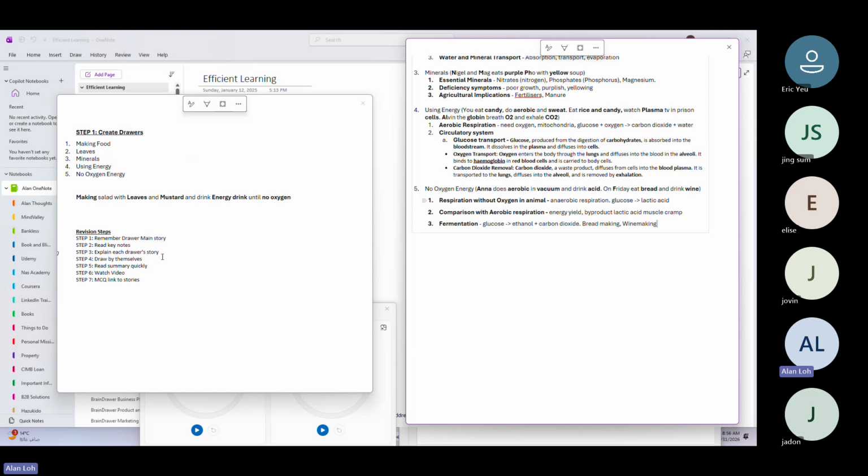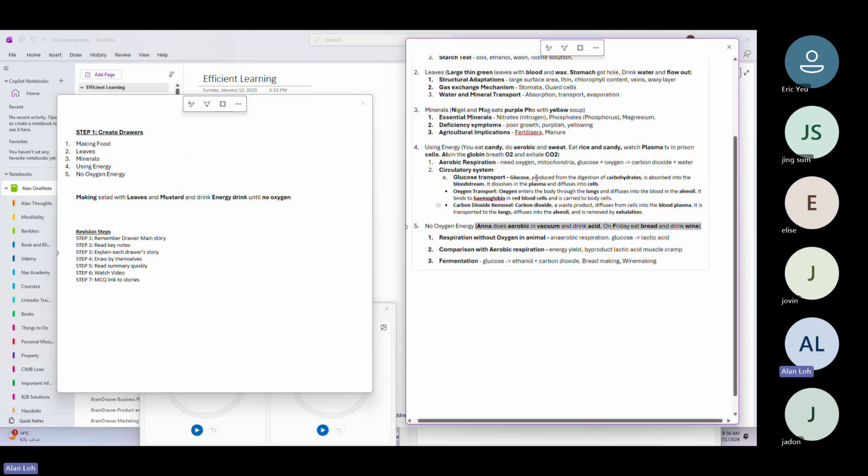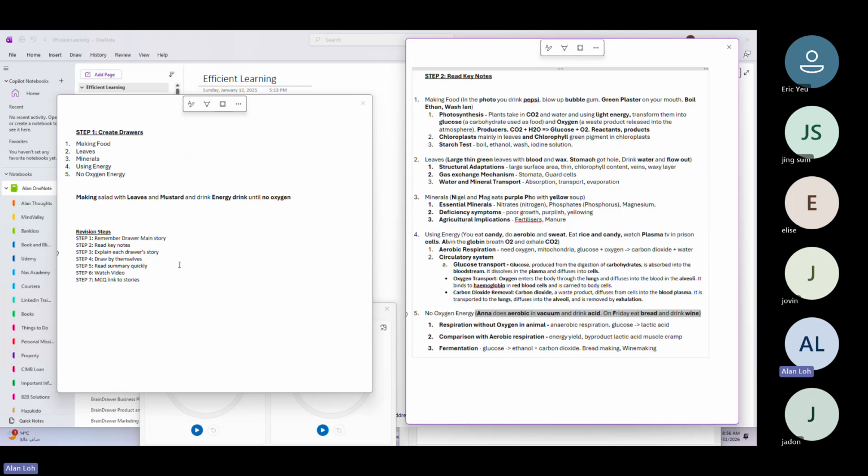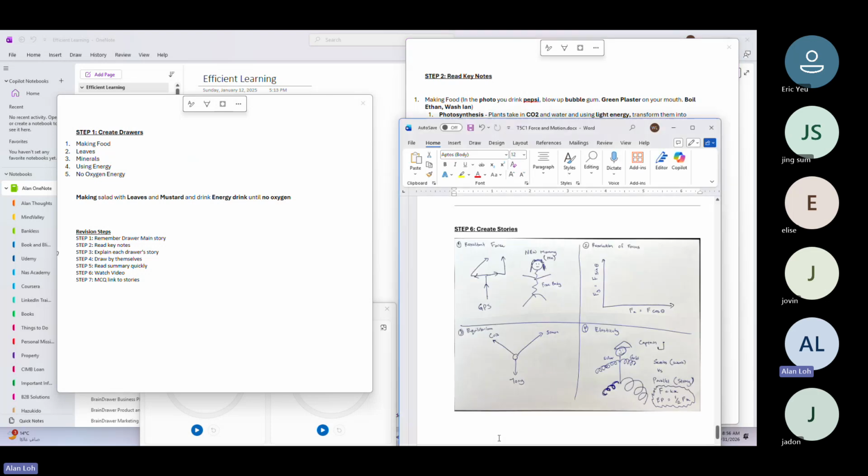So this is the story in each drawer. And these stories in each drawer will have some representation of the information that is related to the drawers, the five drawers. Now, if you are able to draw this by yourself quickly, or not this, sorry, this is a resultant force.